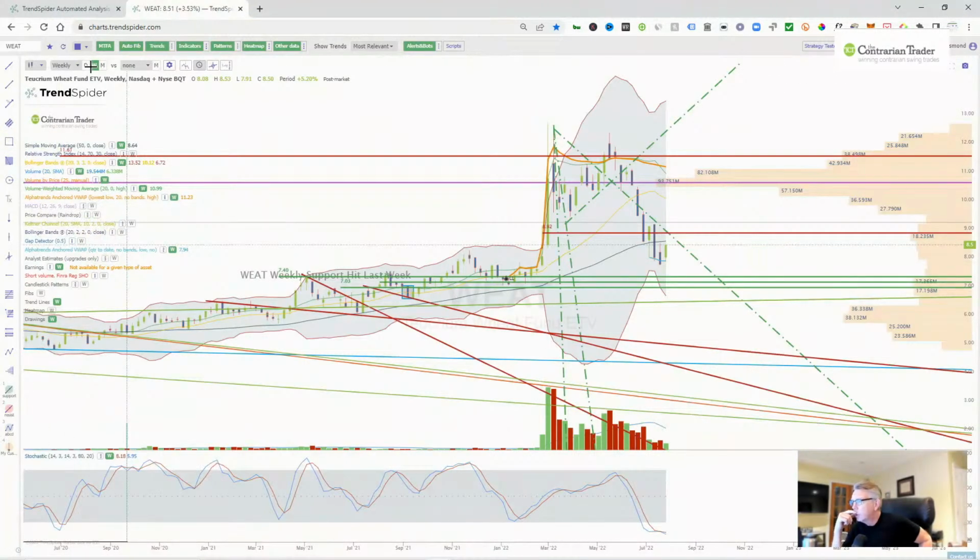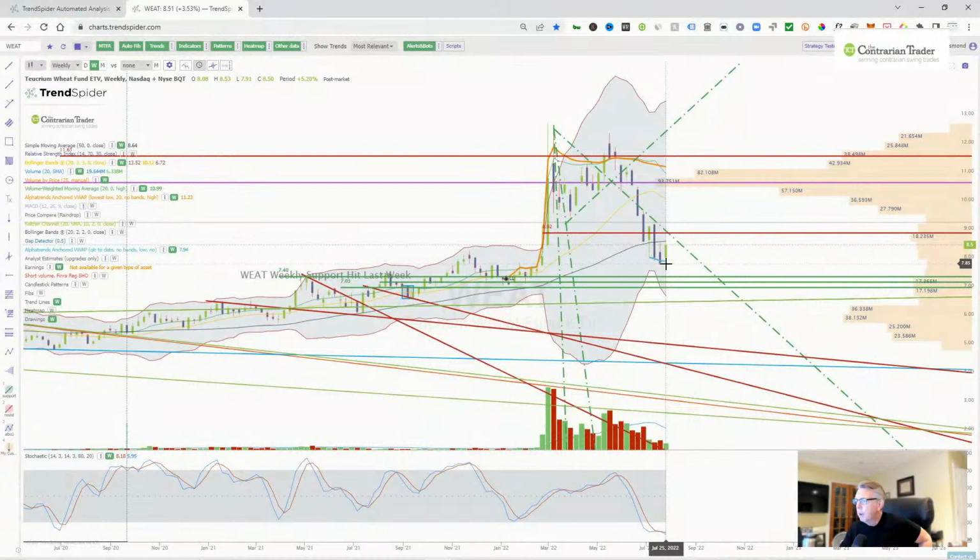Daily chart, weekly chart. So what TrendSpider automatically did here, they created a bot, and what they did is created an automatic VWAP, volume weighted moving average, and it's picking up signs of a consolidation on wheat. We have a bullish reversal bar on the week.